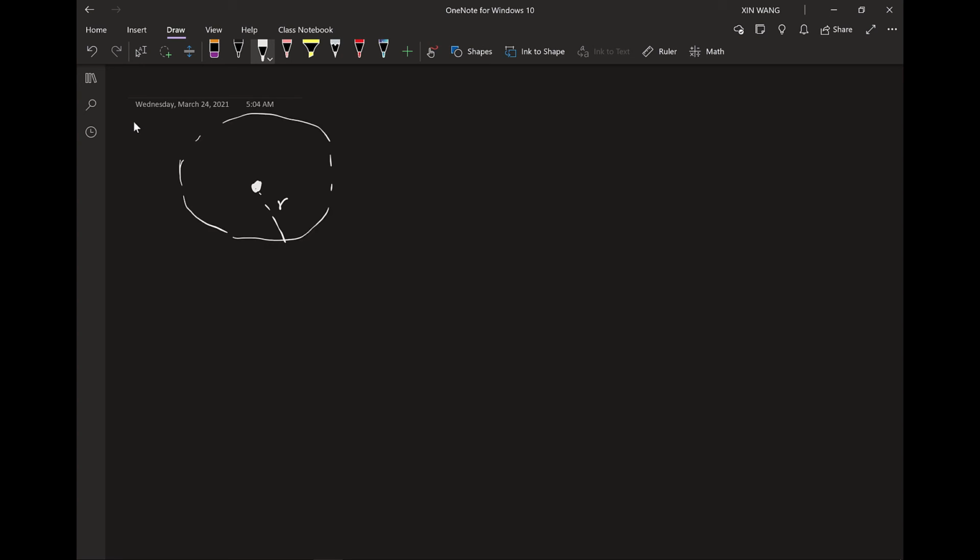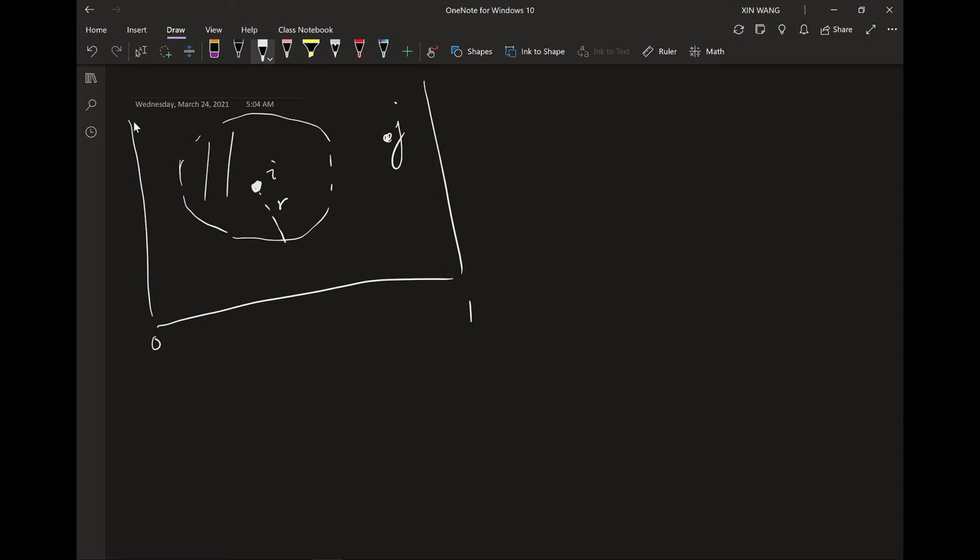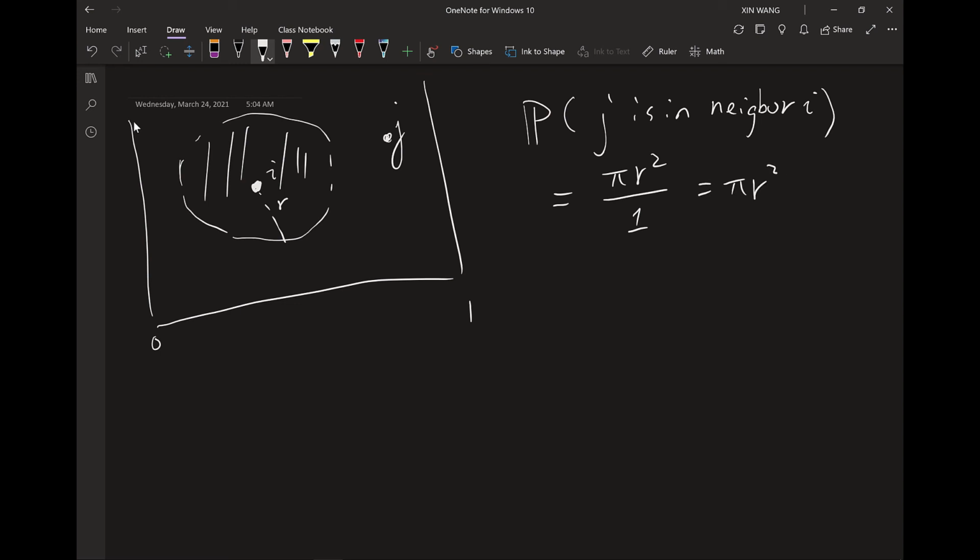If we sample another point j, because j is sampled within the unit square, the probability that j lies in the neighborhood of i will be pi r squared divided by 1, which is pi r squared.